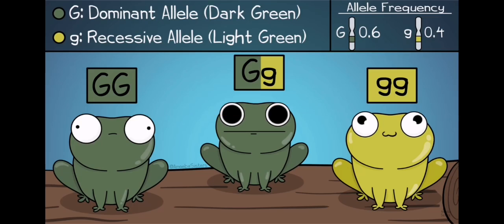Next. Here's a simple visual example of what this principle is telling us. Say this is a population of frogs. Some of the frogs may manifest a dark green color, this one. Some may manifest a light green color, this one.